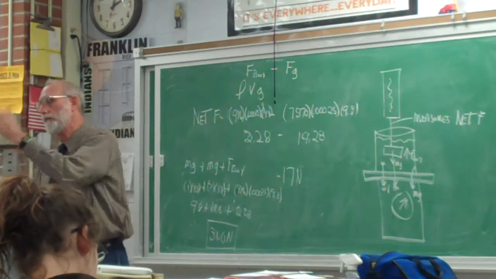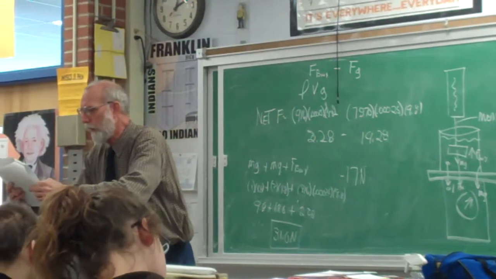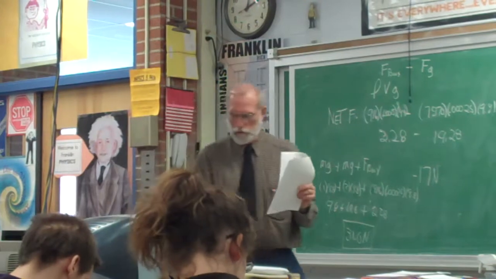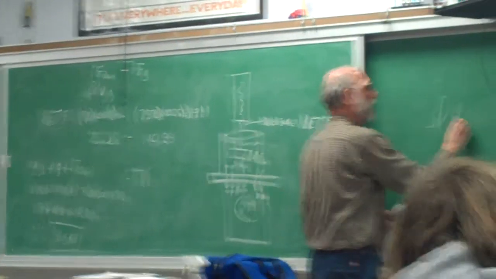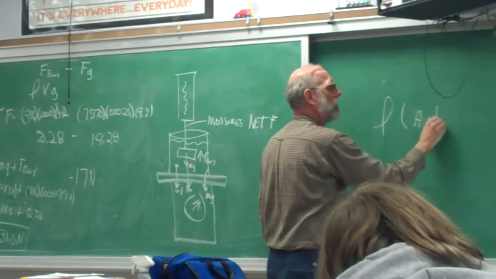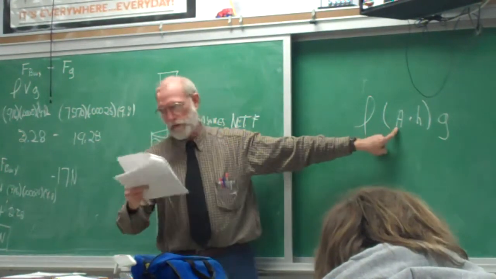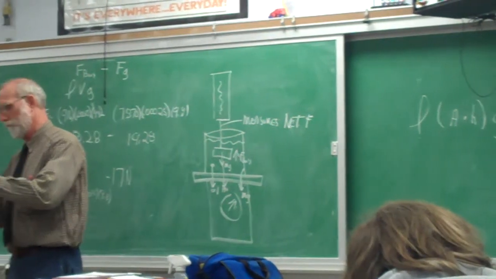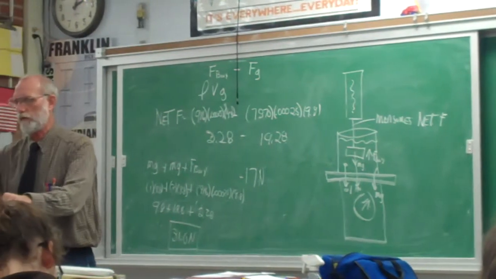The weight of the raft equals the buoyant force of the water. And your buoyant force, your volume, you would just list as rho times area times height times g. The area is given, 5.7 square meters, so then you just solve for your height.